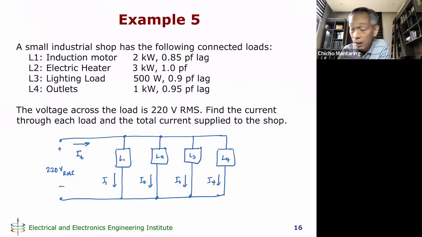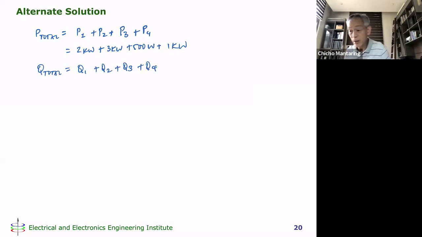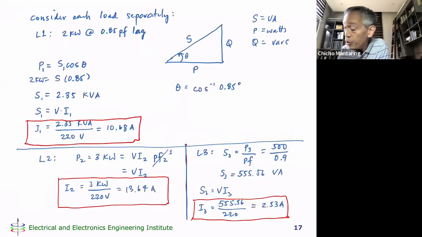And then you can get your Q total, that's Q1 plus Q2 plus Q3 plus Q4. And how do you get your Q total? Gamitin niyo yung power triangle.